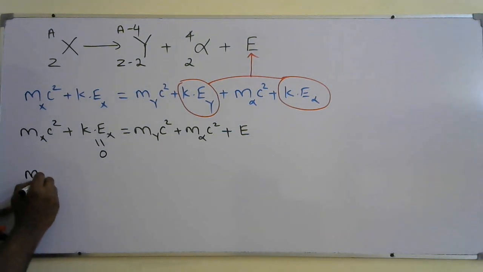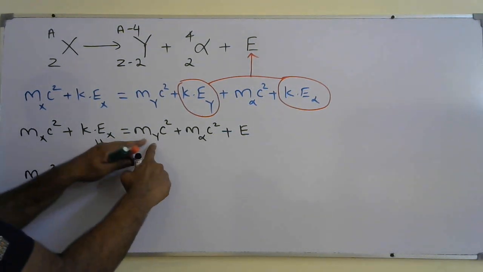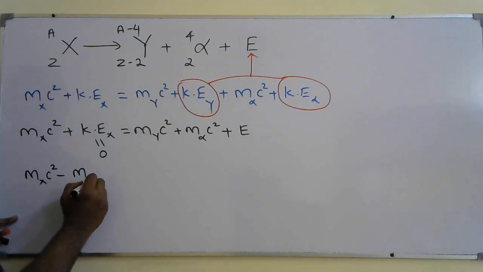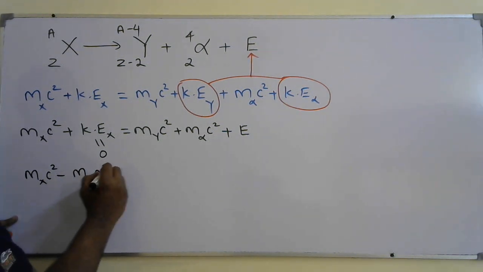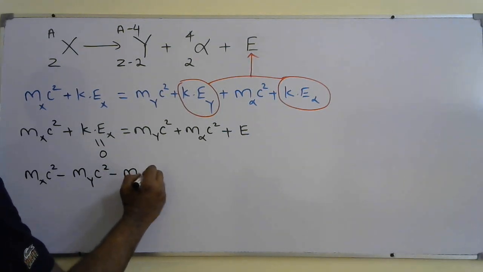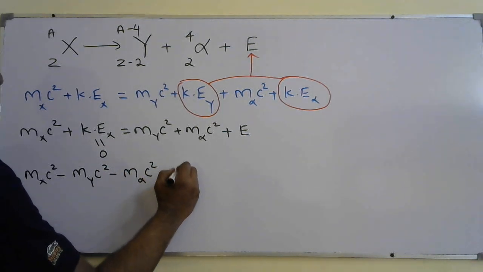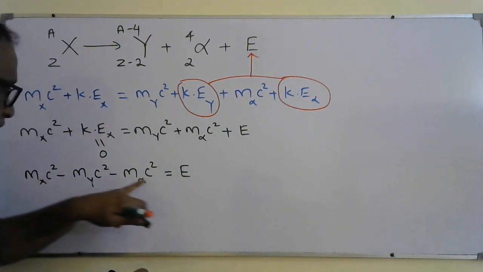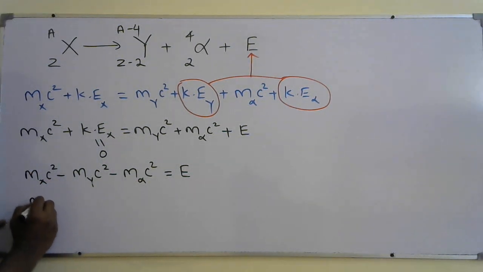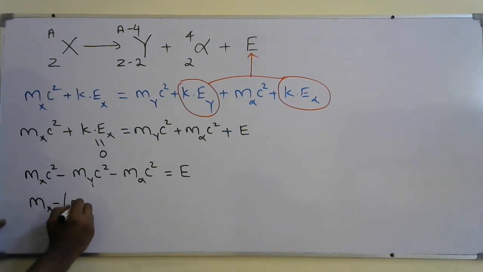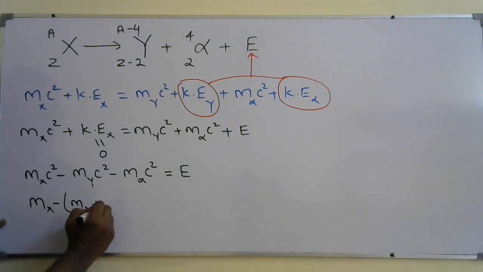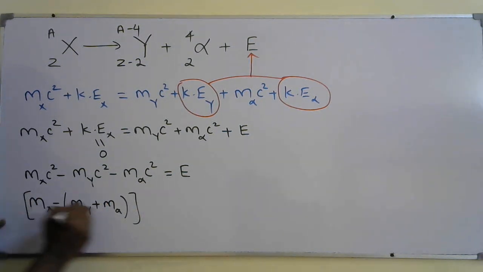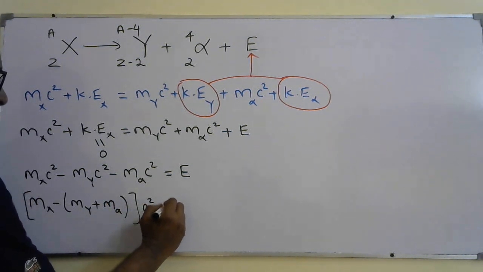Mass of X c squared, bring this to the left, minus mass of Y c squared minus mass of alpha c squared equal to E. So if I take the minus sign common, and c squared also common, it becomes (mX minus (mY plus m alpha)) c squared equal to E.